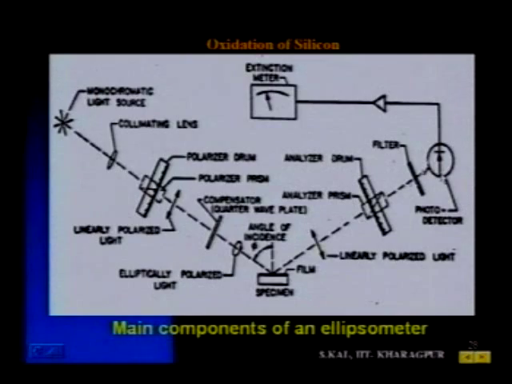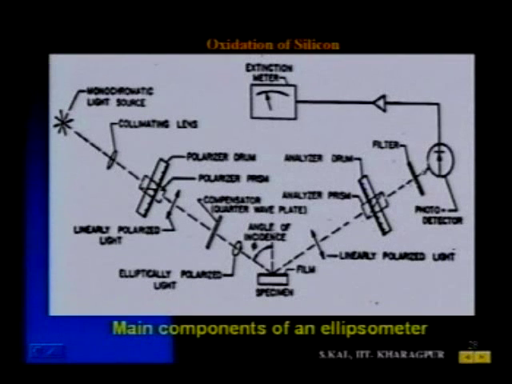After the filter, this is connected to a photodetector. The photodetector will detect the intensity of the beam, how much light is coming. By changing the polarizer and analyzer drum, you can find a certain situation where the intensity is minimum, and that is found in the extinction meter.